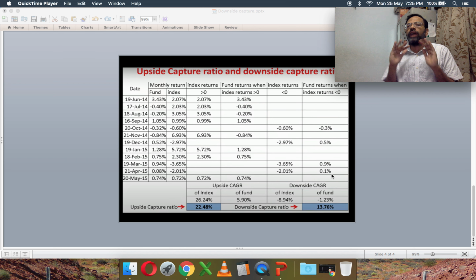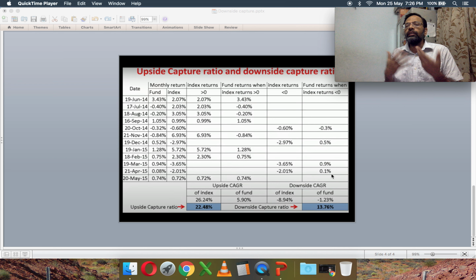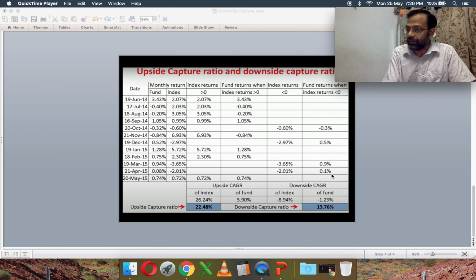Out of those 100 data points, I find out how many had a downside capture ratio of less than 100%. That's a good downside capture. The number of data points with the downside capture less than 1 divided by the total number of data points gives me my downside protection consistency. And this is what is used in the fund screeners.